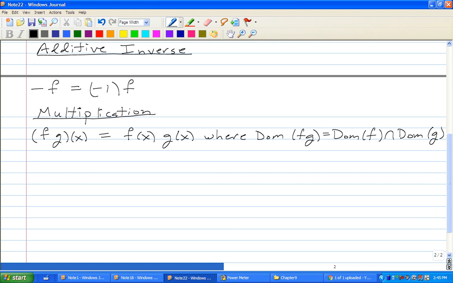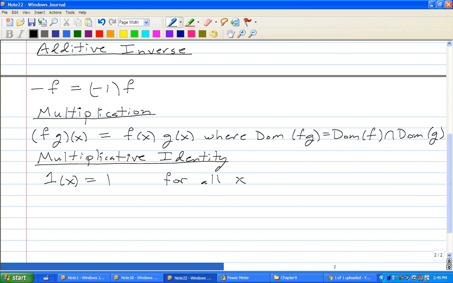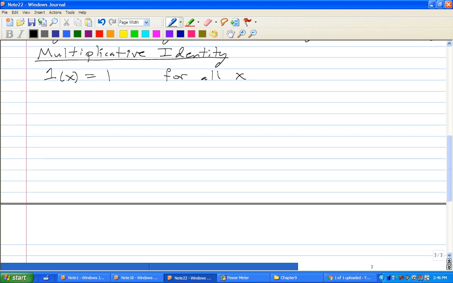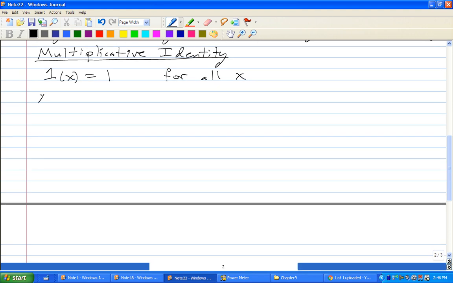Okay, the multiplicative identity. For this multiplication of functions, it would be defined as the function equaling 1 for all values of x. Let me define the multiplicative inverse.